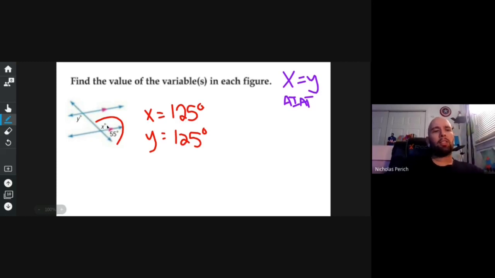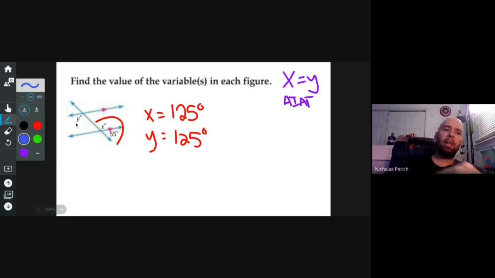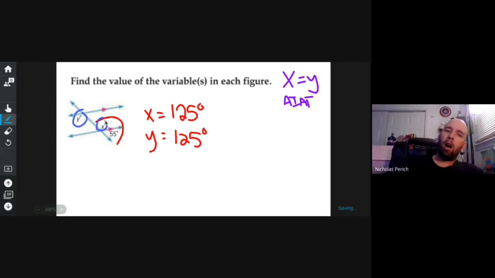Since x and y are alternate interior angles of parallel lines, they're going to be equal in measure, which means whatever x is, y is too. And we said that over here, alternate interior angles theorem.